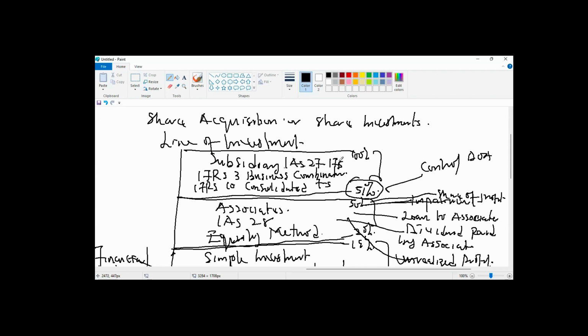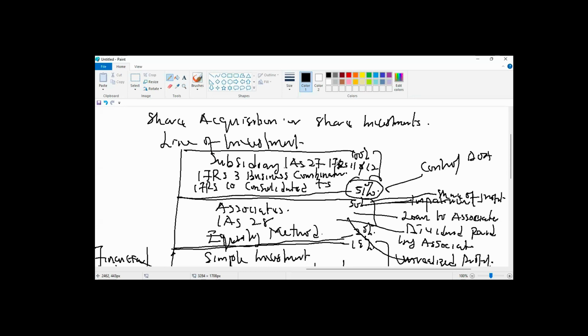IFRS 11 and 12. 11 talks about joint arrangements. Joint arrangement can be of 2 types, according to IFRS 11: joint operation and joint ventures.